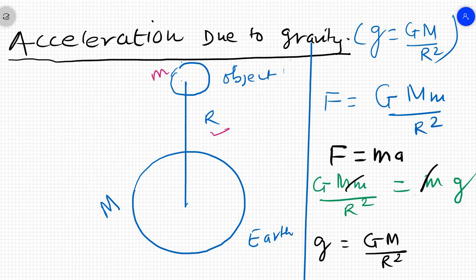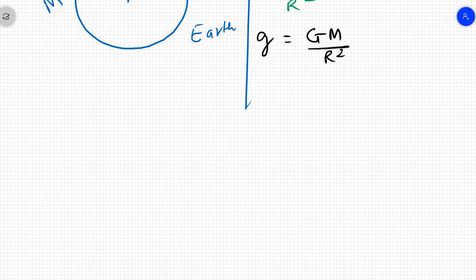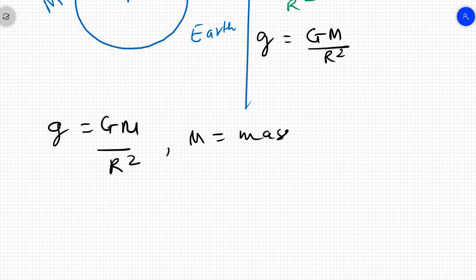Now let's briefly look at this formula in detail. We have derived g is equal to GM by r square. What does it mean? Where M is the mass of the earth or heavenly object, and r is the radius of the earth.